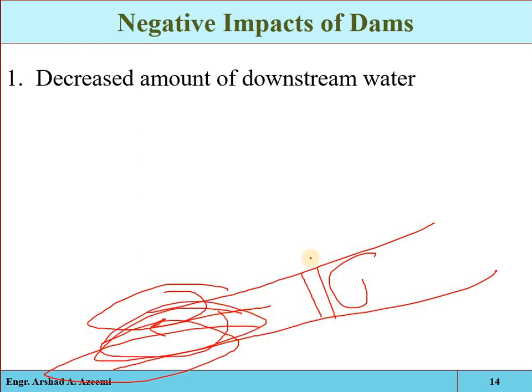So that is one of the main negative impacts: whenever we construct a barrier across a river, the water will be stored and controlled, and the supply of water to the downstream area will be reduced.